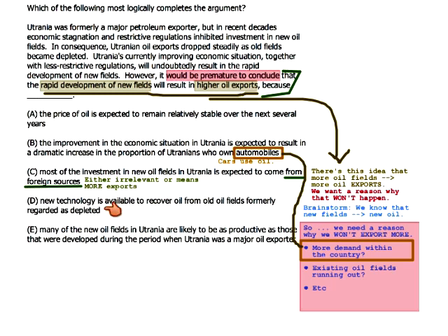If new technology is available to recover oil, then this would be nice, although this doesn't have anything to do with the new fields. First of all, it has nothing to do with the new fields, but also the thing about this choice is, this is going to push up supply even more.